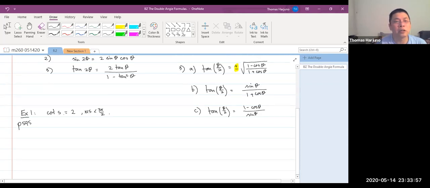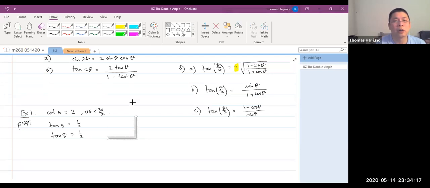The cotangent S is 2, so tangent S, the reciprocal, is 1/2. In quadrant 3, tangent S hat will still be 1/2. And then I do the right triangle.